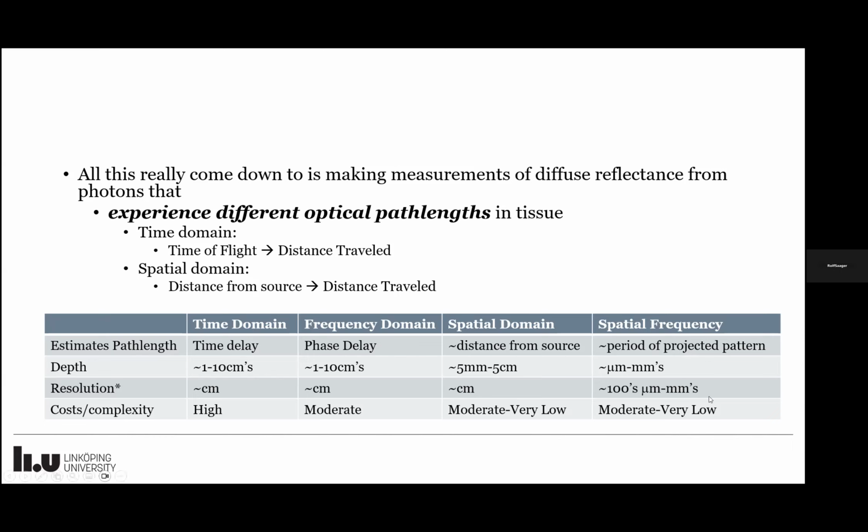And then finally, spatial frequency, where now it's an imaging paradigm, but having it be a planar illumination imaging paradigm, you're very limited on depth, but you have now a lot of spatial information. And the costs can vary based on what you want to do, how sensitive your instrument is. So that's kind of the general landscape of what's going on.